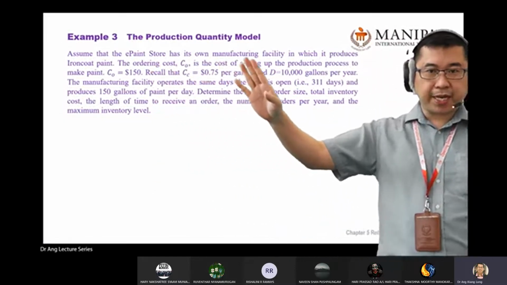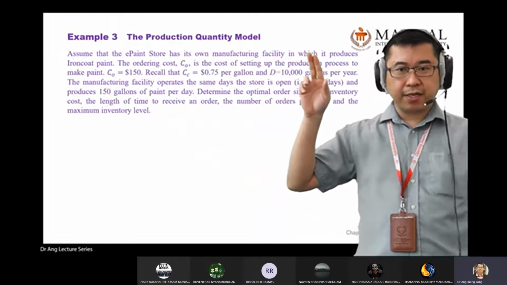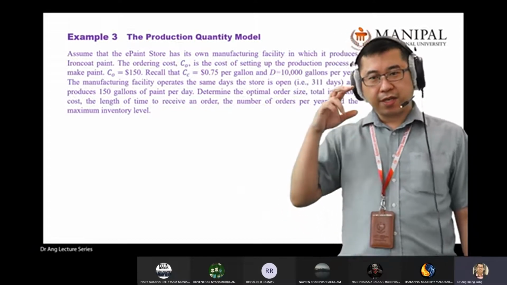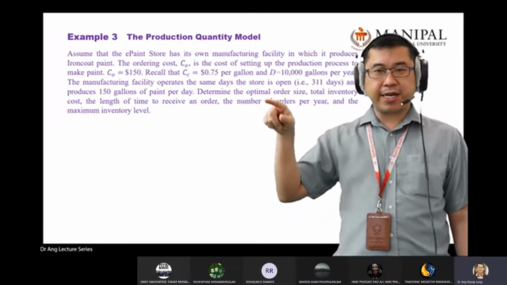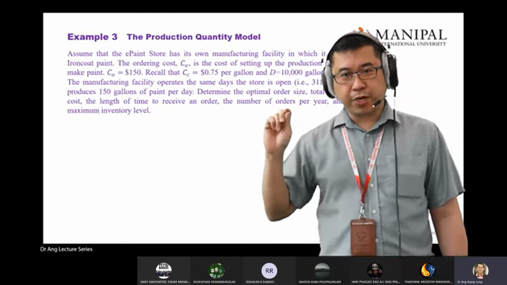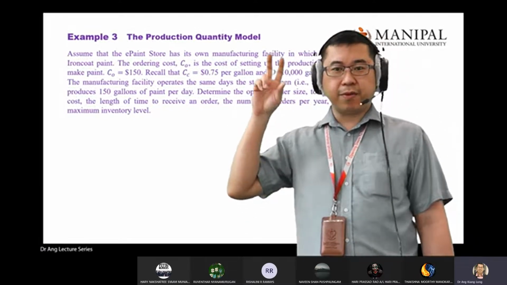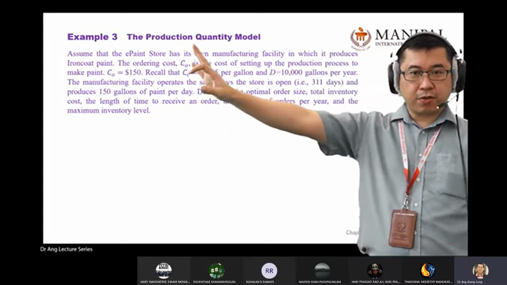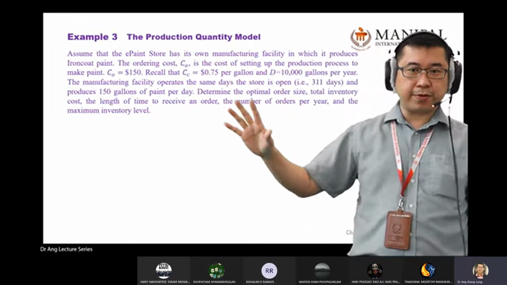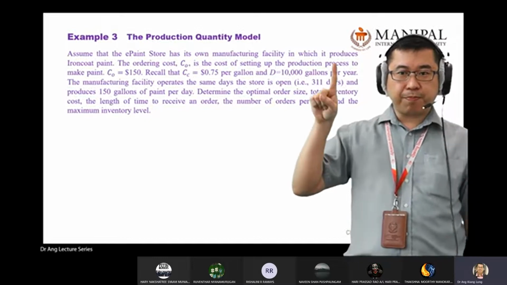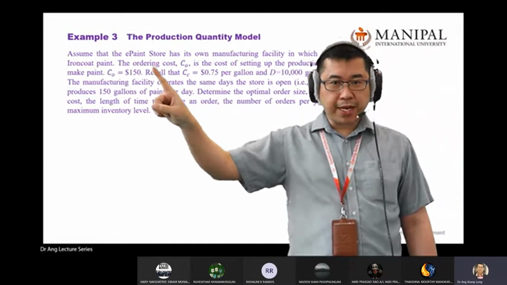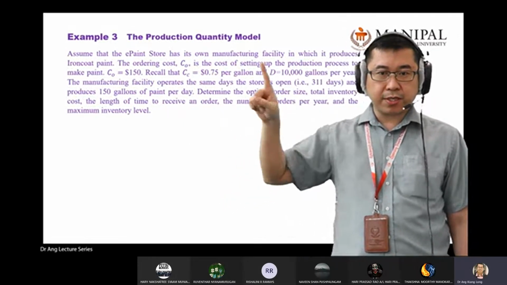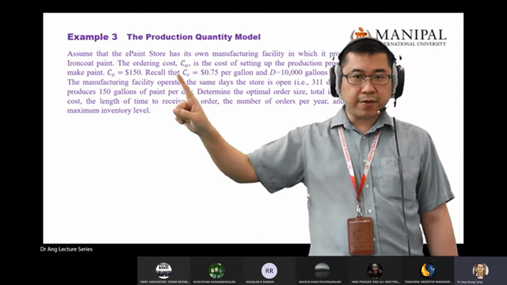So again, a paint company, and it tells you that they produce in their own facilities. So if the statement inside there tells you they are also the producer, or they have their own production for their products, normally the production quantity model will be used for analysis. So it produces a certain paint, and then order given, CO is given, set up production cost given.